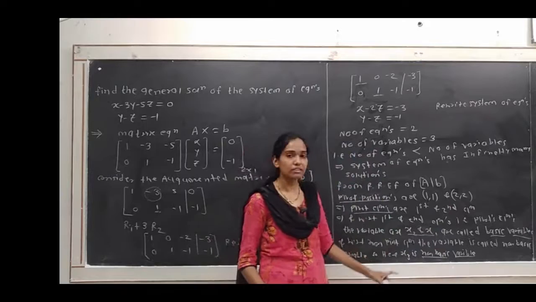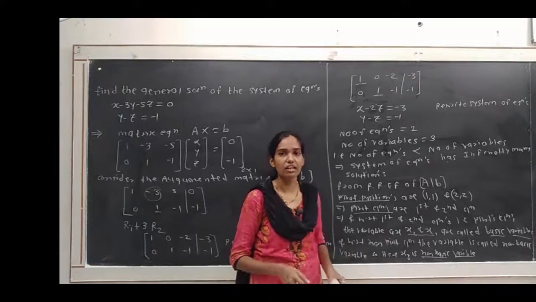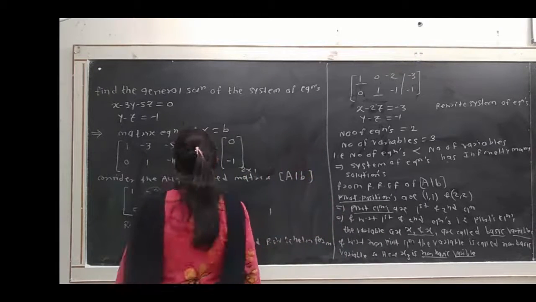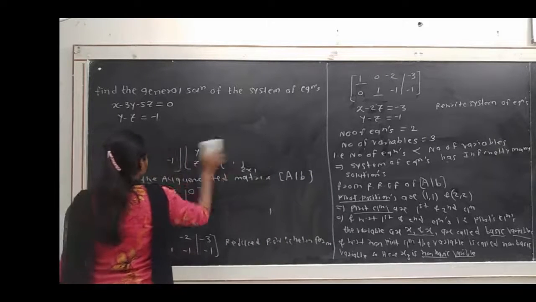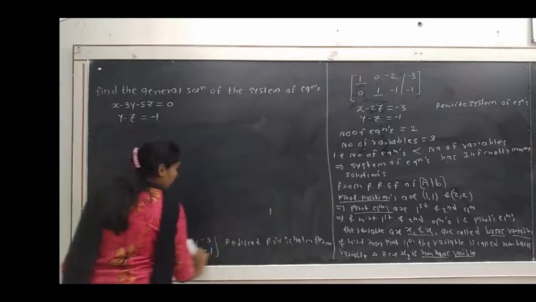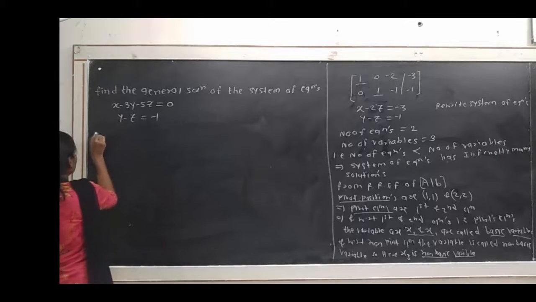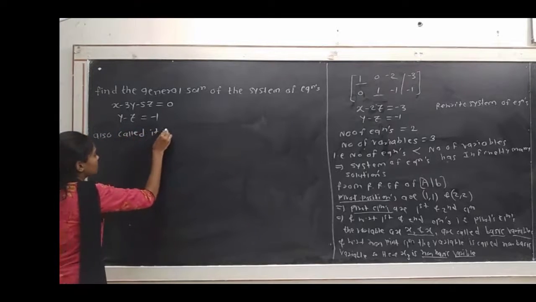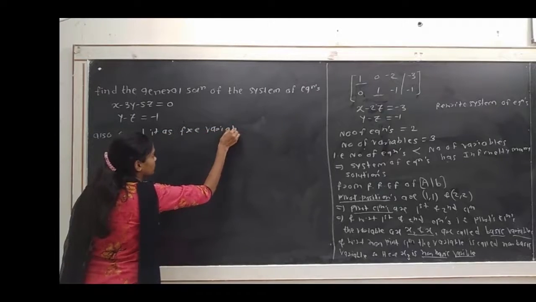The remaining variable, with respect to the non-pivot column, is called the non-basic variable, or the free variable, meaning we can take any value of that variable from the set of real numbers.